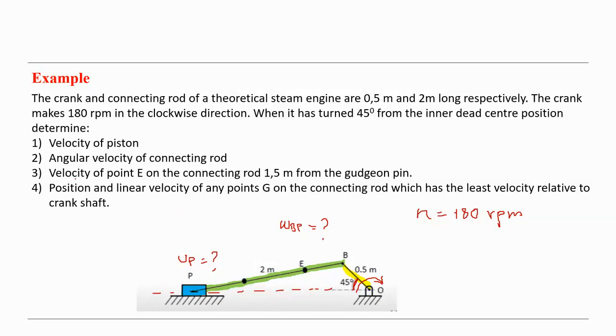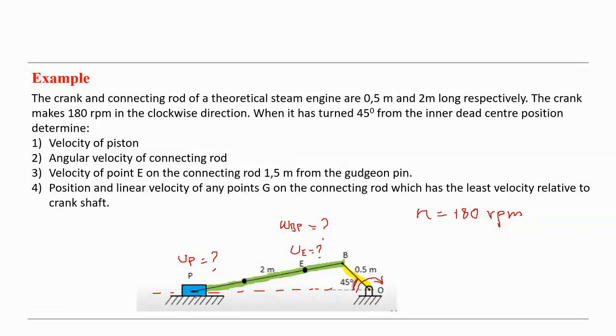Then the velocity of the point A on the connecting rod, this point A here, VA has to be also calculated. Point A is 1.5 meters from the gudgeon pin, that means from this pin here.